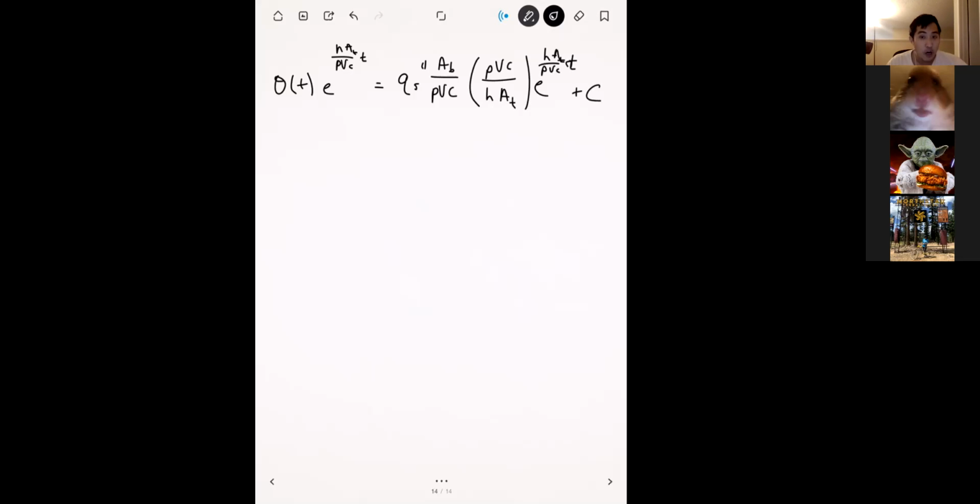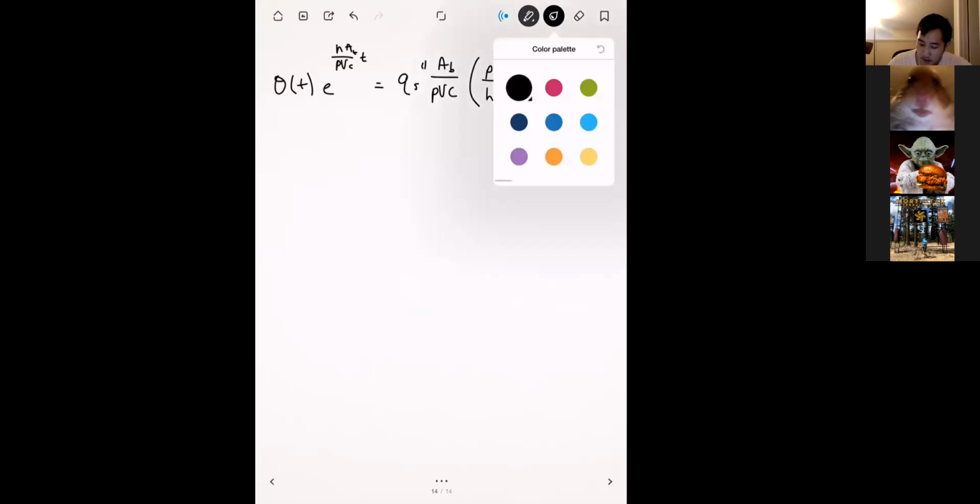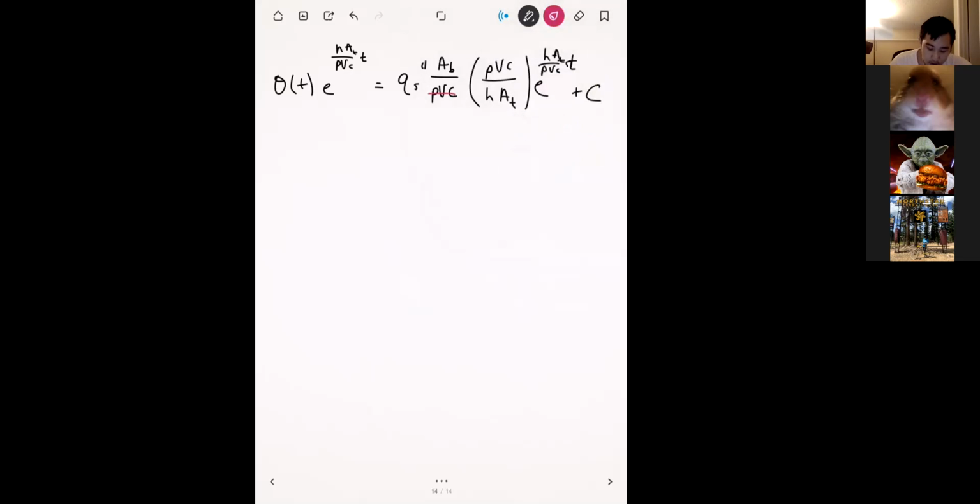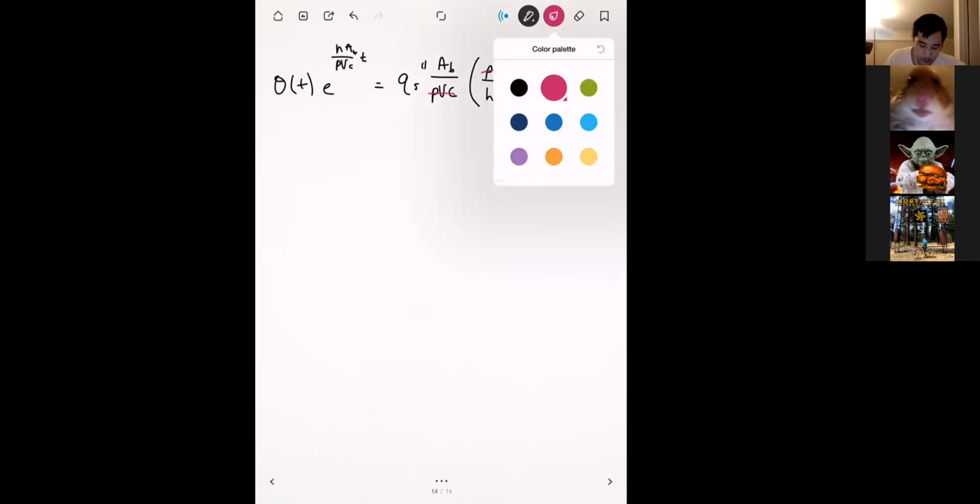Then we have to add our arbitrary constant C here, because we're performing an integral. We can perform some simplifications. We have rho VC on the bottom and rho VC up top, but these two areas don't cancel out because one is AB and the other one is AT.